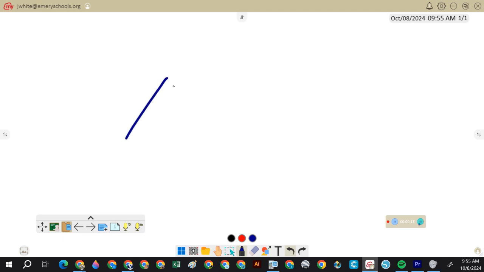So if I had a triangle and I was looking at this angle and I made that angle bigger, so if I spread that angle out, you'll notice that this side of the triangle is going to get longer. And if I make that angle smaller, then that opposite side is going to get smaller. So there are some very definite relationships between the sides of a triangle and the angles of a triangle.